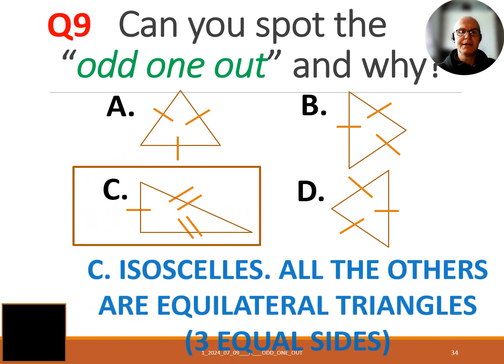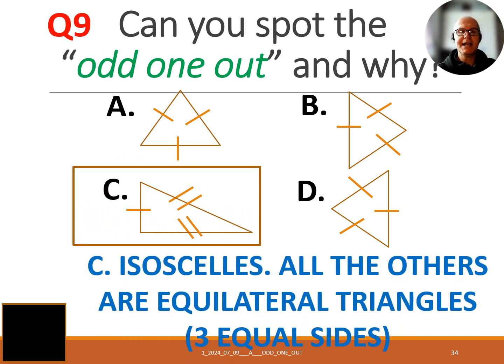It's C, because C is an isosceles triangle. All the other three are equilateral triangles. So an equilateral triangle has three equal sides. An isosceles triangle has two equal sides and one different sized side.